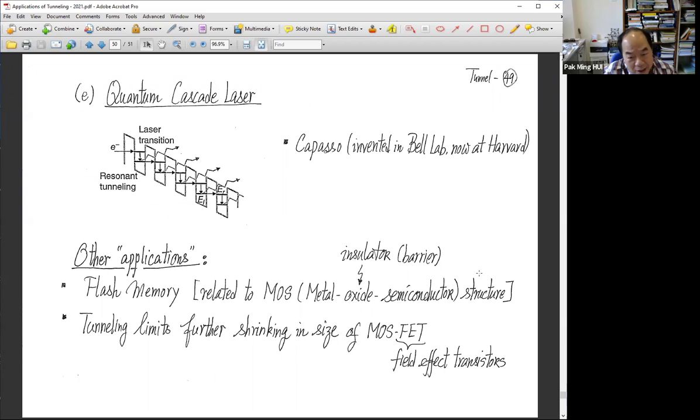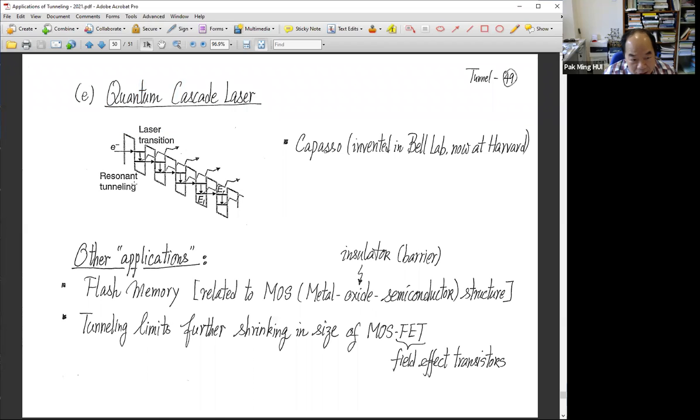The latest, I think, if I'm going to bet, I think Capasso will someday win a Nobel Prize. This is his invention, something called the quantum cascade laser.